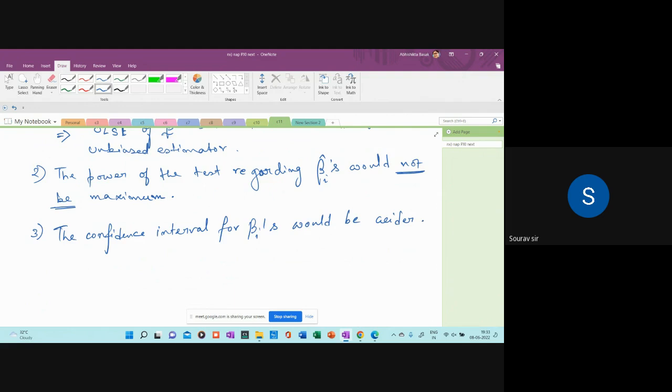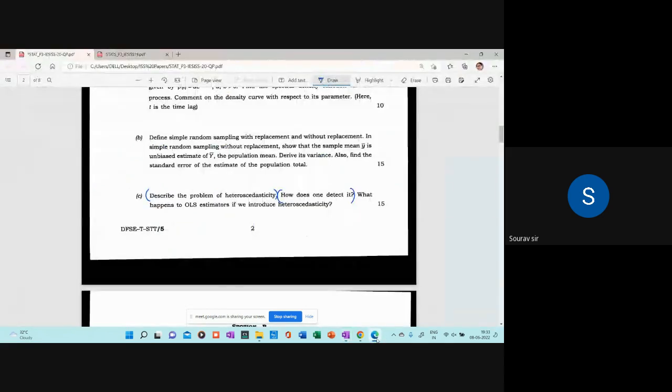You can add a point, a comparison of beta hat OLS and beta G hat, what we call the generalized inverse. When the OLS assumption is violated, that is, all the variances are not equal, we use a generalized inverse, and we call the model a heteroskedastic model, and estimate beta hat accordingly. Since it is not asked over here, I am not discussing that portion for this answer. Okay, so this one is done.